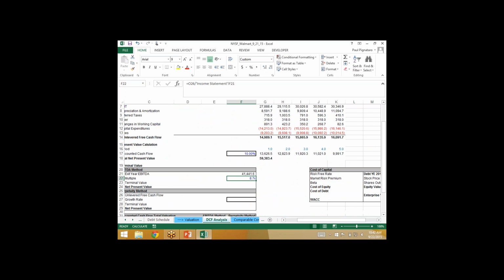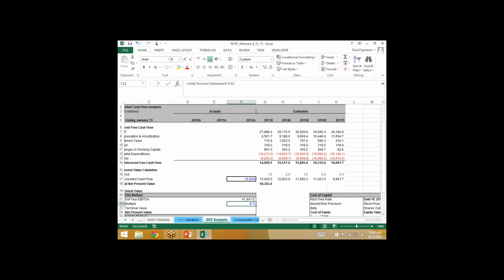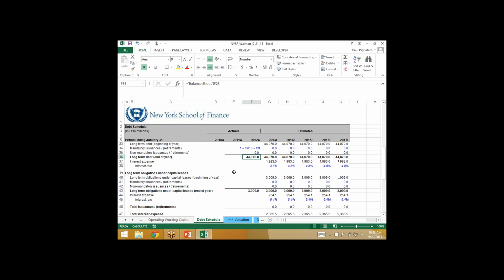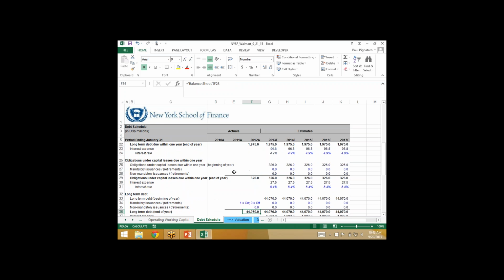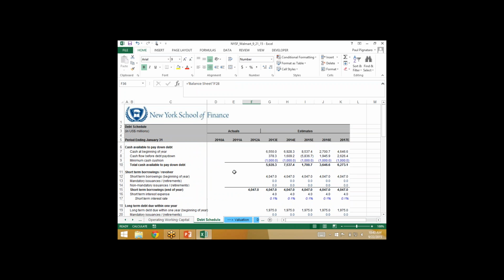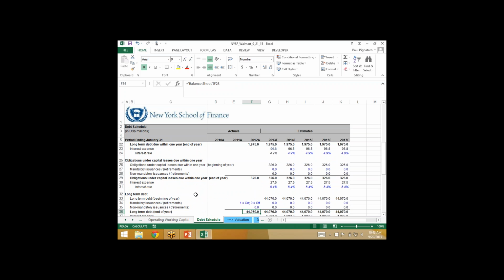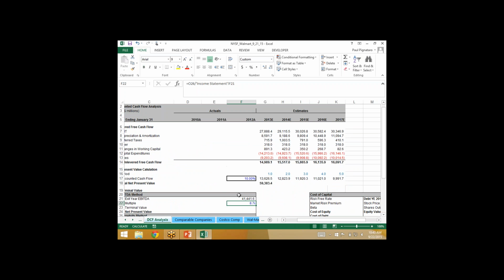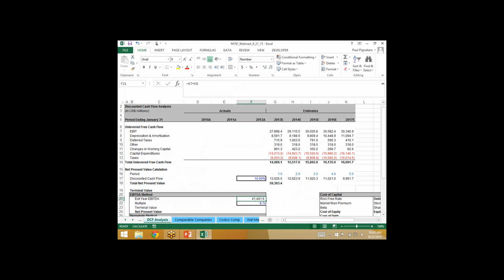Why is the EBITDA different in the book? The EBITDA is different in the book. Are we running a different scenario here? I've got to take a look at why this is different than in the book.